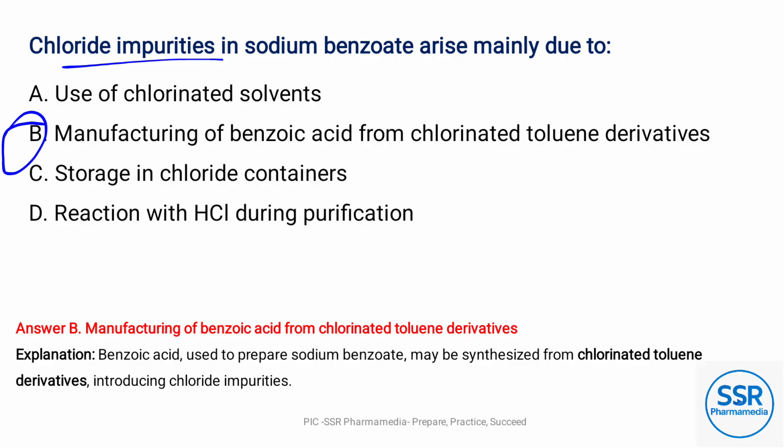Option B is the answer: manufacturing of benzoic acid from a chlorinated toluene derivative. So the chlorine may enter as an impurity into the benzoic acid. We want to test whether chlorine is present or absent by using the modified limit test for chlorides and sulfate.